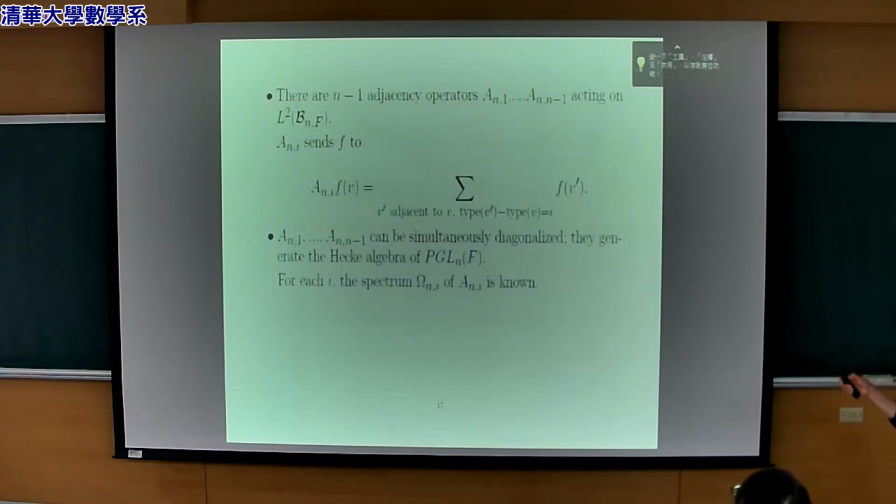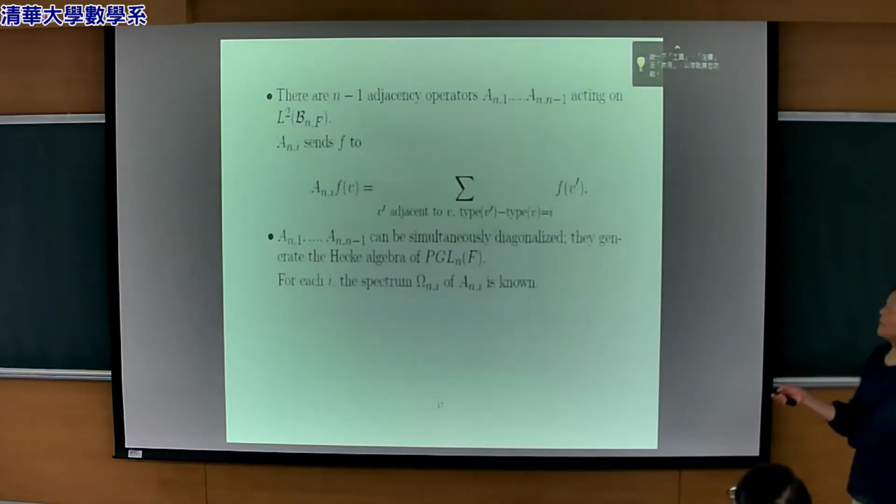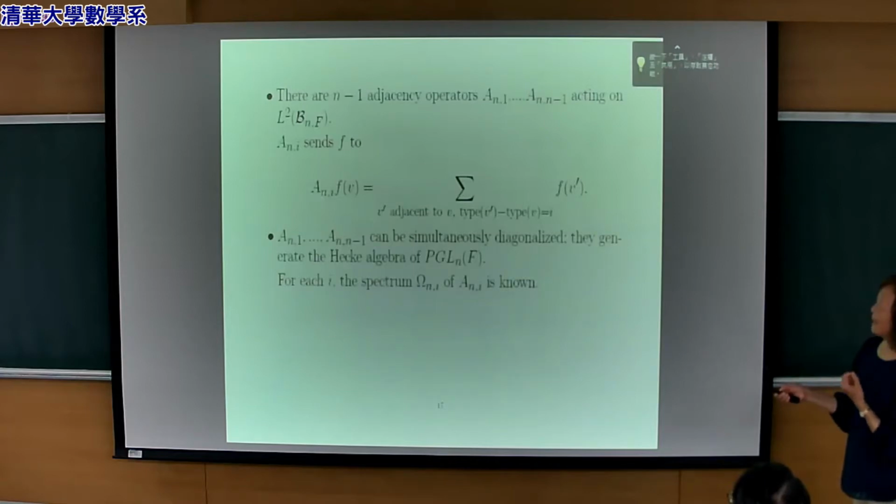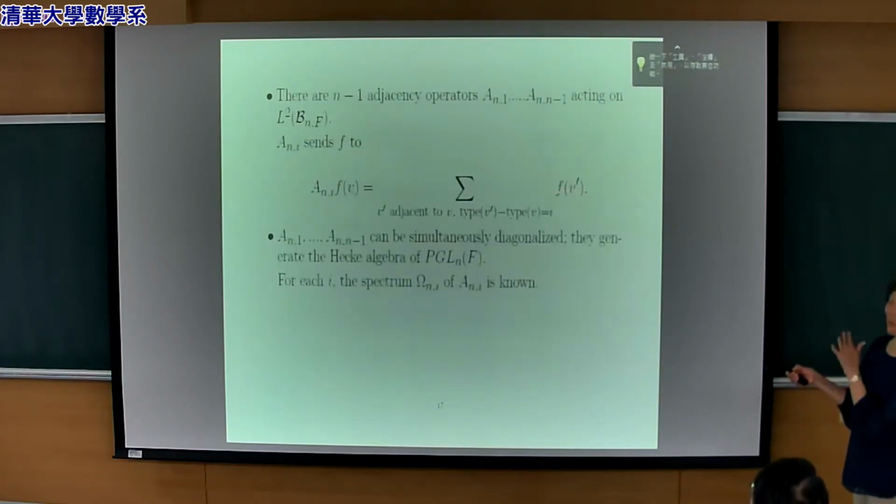In this case, there are n-1 operators acting on the L2 functions on the vertices of the building, because we have partitioned the vertices into different sets. For instance, the i-th adjacency operator takes a function and its value at a vertex. Originally for the graph, we're summing over all the neighbors.